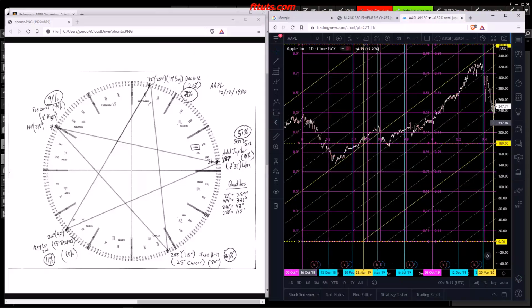As the market's falling down here, we're looking for the price on the day of 0.2, as in 20% of our solar year against the natal position of Jupiter. So 20% from that October 1st cycle, the natal Jupiter cycle, we'll call it.